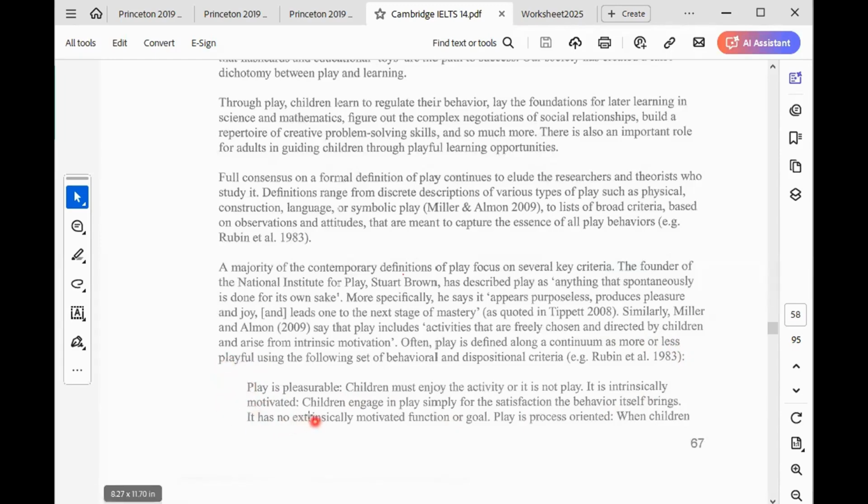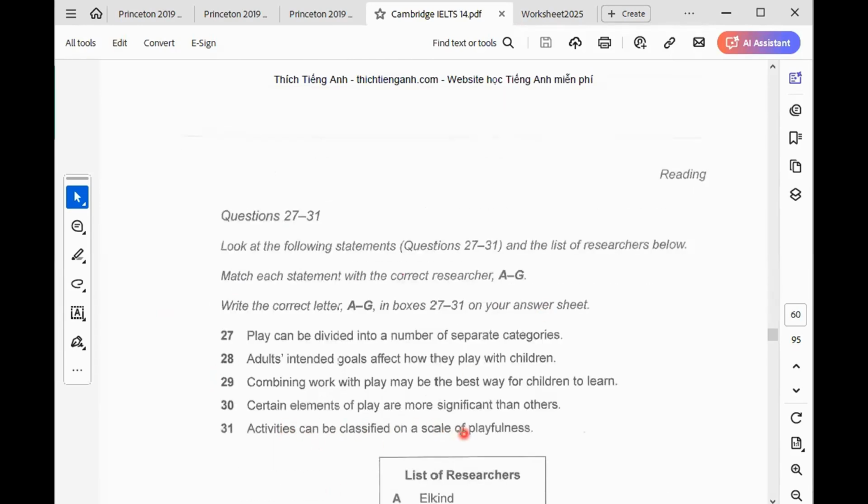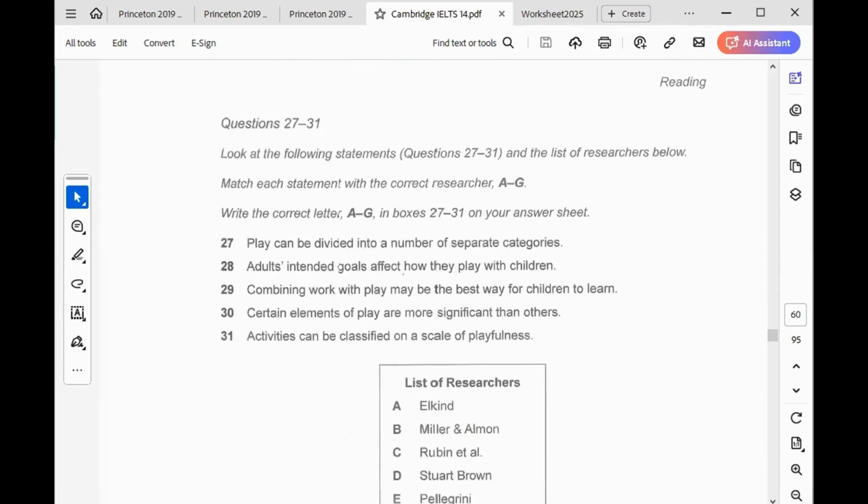That tells you that what they are writing here is Rubin that wrote it. And then the author now starts again here. He now says, according to this view, who is the person? Rubin. So that issue of scale of playfulness is for Rubin. Paragraph, number 31 is going to be C. 31 is C. Okay.